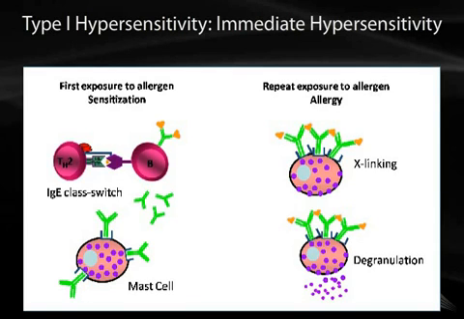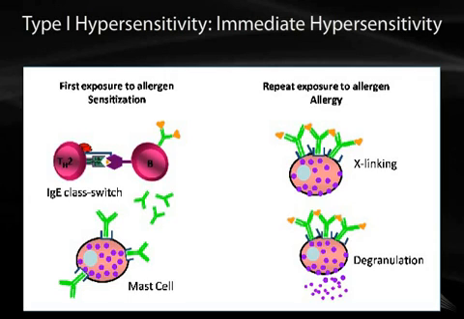So at the end of this first exposure, at the end of this primary response, you have these mast cells and basophils which are glued onto IgE molecules that are specific for that allergen. Therefore, the second time you get exposed to that allergen, when you have a repeat exposure, those IgEs sitting on the mast cell, for example, will bind to the allergen, and you can see that it causes cross-linking over on the right.